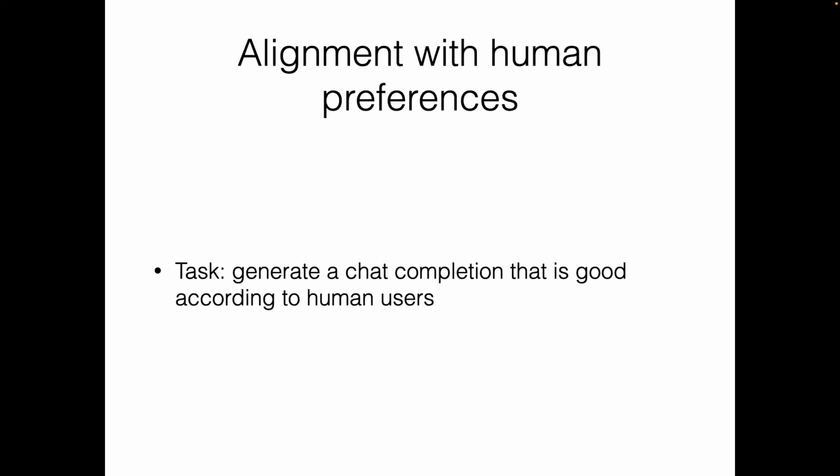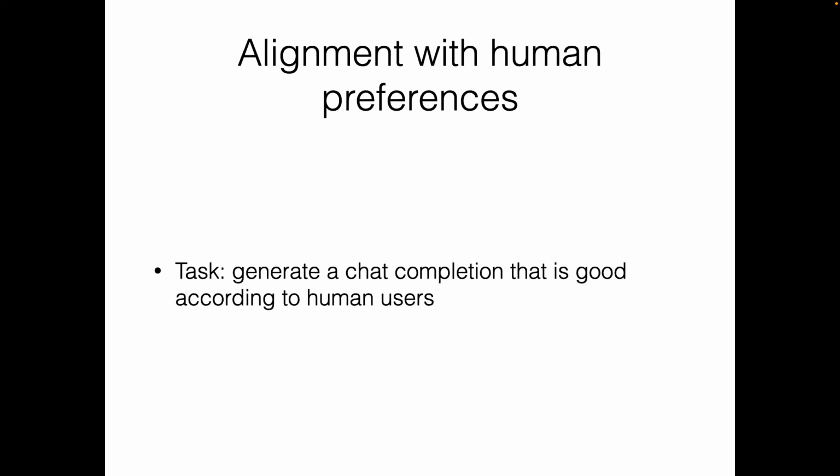Perfect timing for that question. So here we're going to move to a different setting, which is very general. Let's say that we have a chatbot and we want to perform the following task: generate a completion that is good according to a human user.